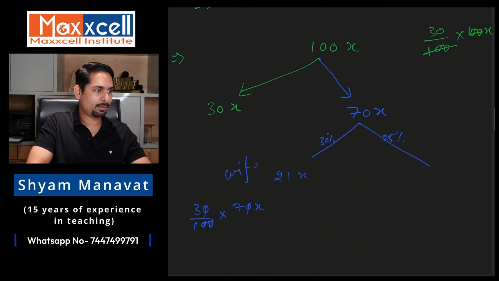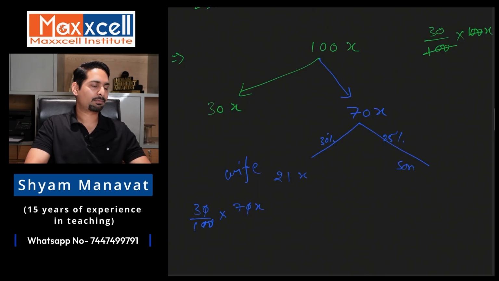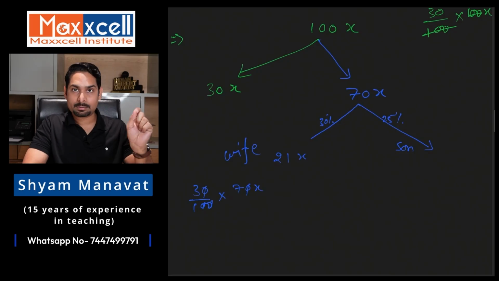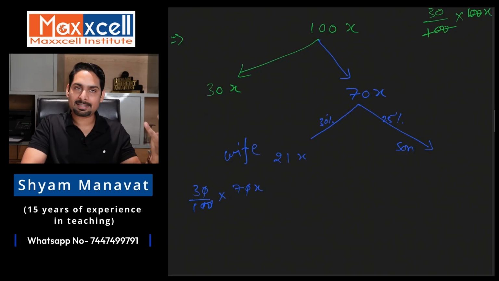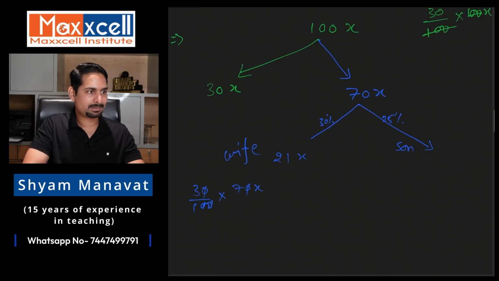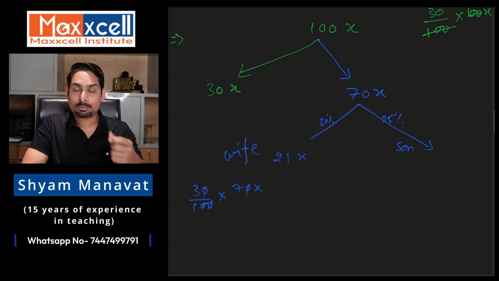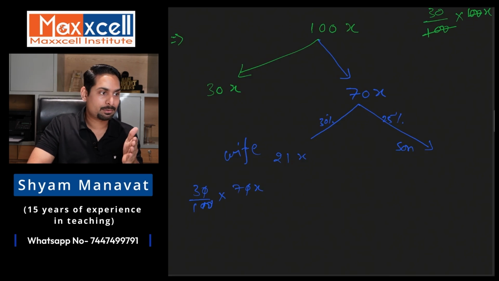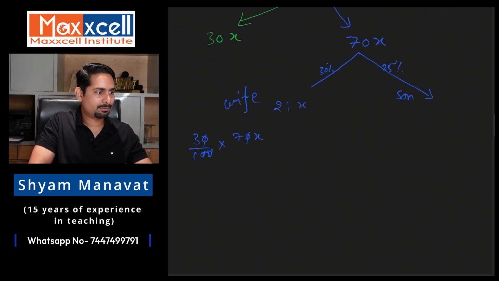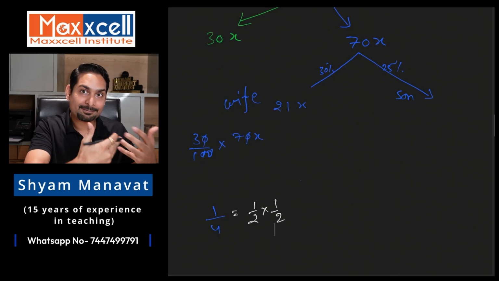I am writing all this just to explain it to you. Now we are going to calculate for the son. You don't need to write wife, son, charity. Just simply draw this and you will understand it well. 25%, what is the fraction value? 1/4, right? So we have to take 1/4 of 70. 1/4 is nothing but half of half, which makes it easy to calculate.